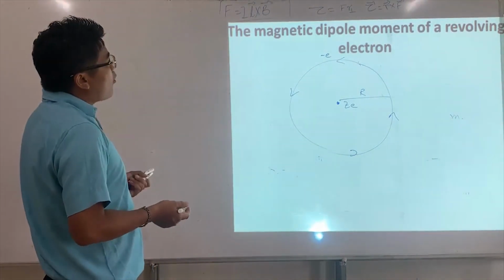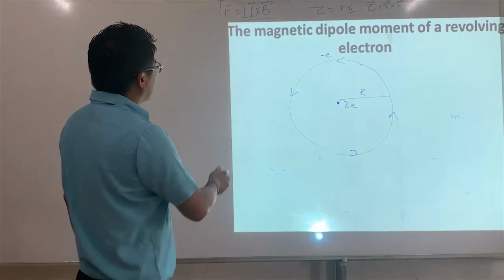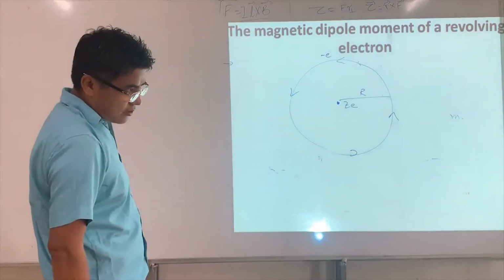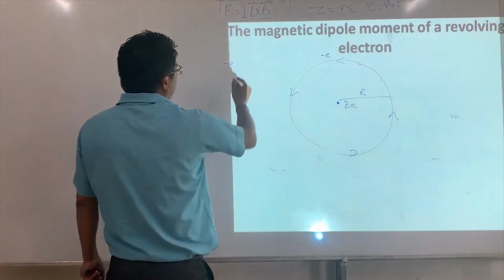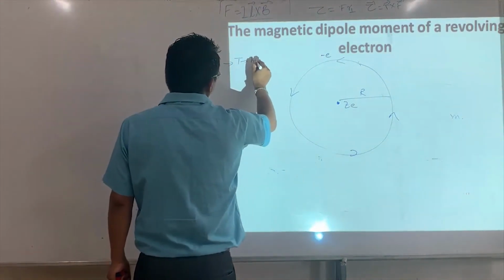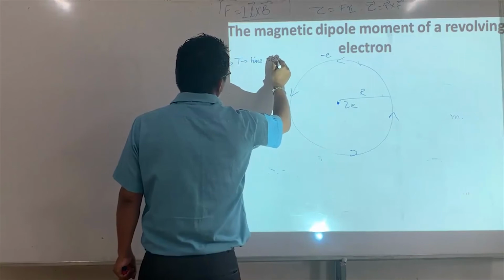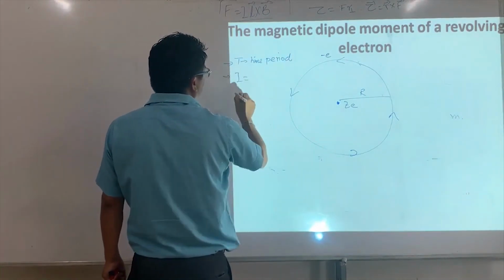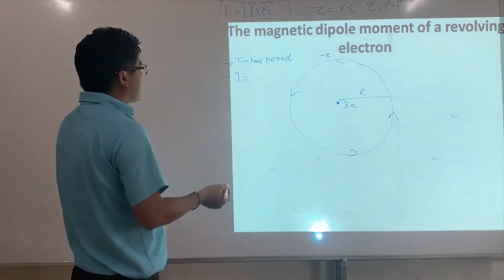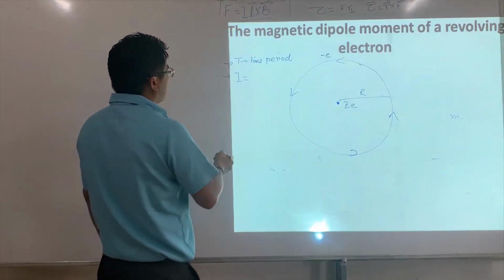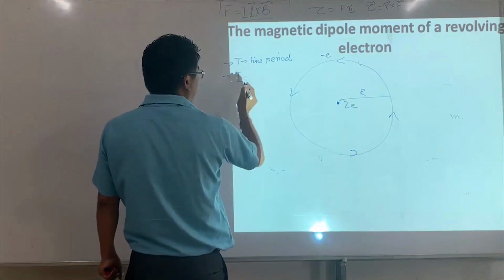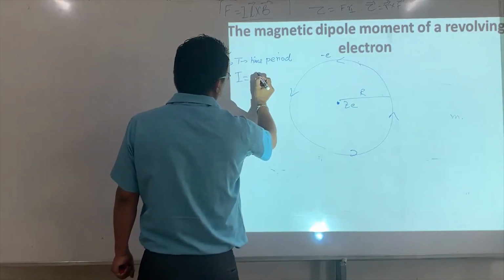So the magnetic dipole moment of a revolving electron: the electron goes around the nucleus, and T is the time period. The current is going to be charge divided by time period.